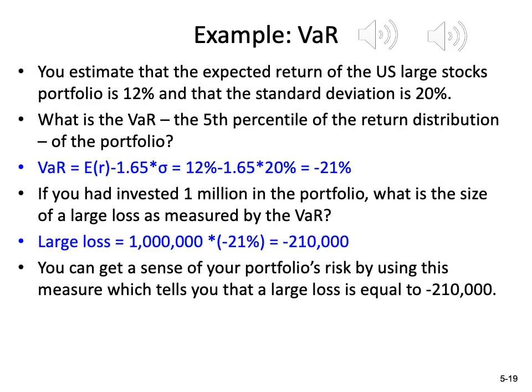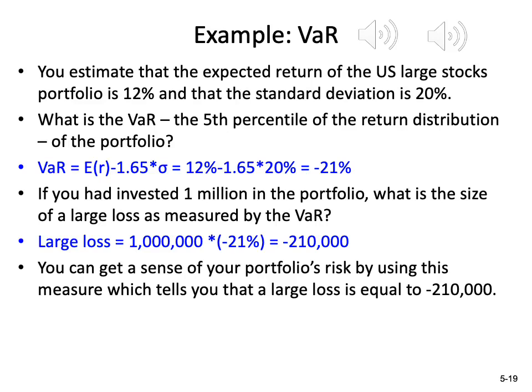So we are going to use that number in the formula. So the VAR is the expected return minus the cutoff value times the standard deviation. In this example, 12% mean return minus 1.65 cutoff value times 20% standard deviation, negative 21%.